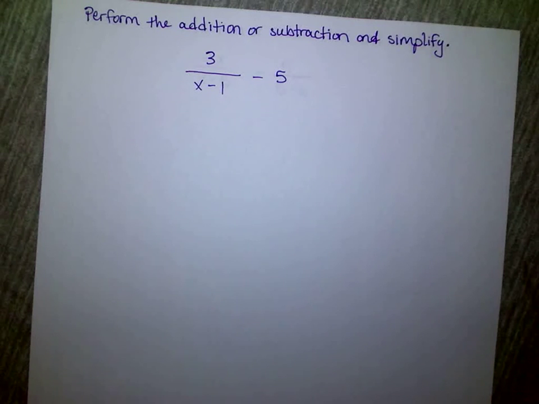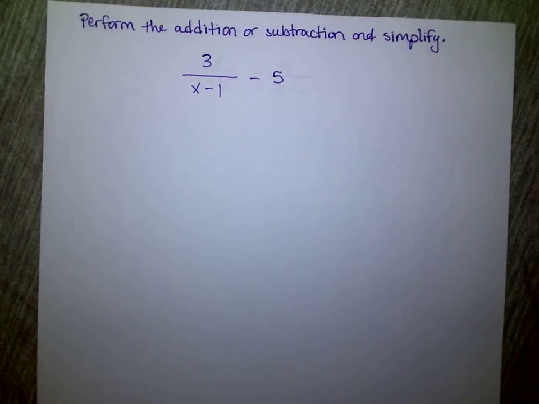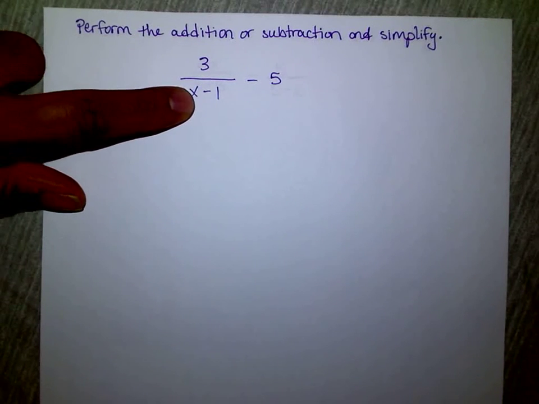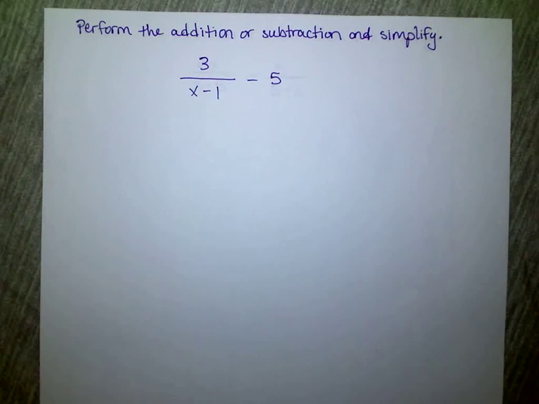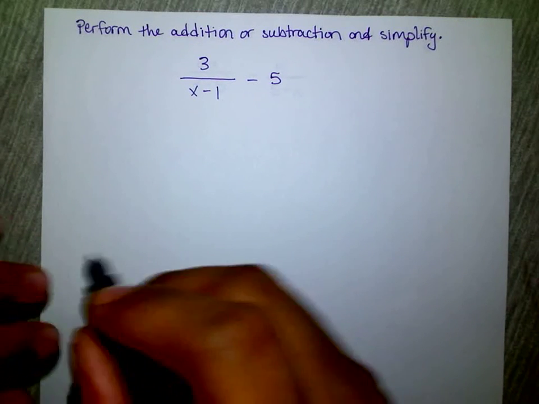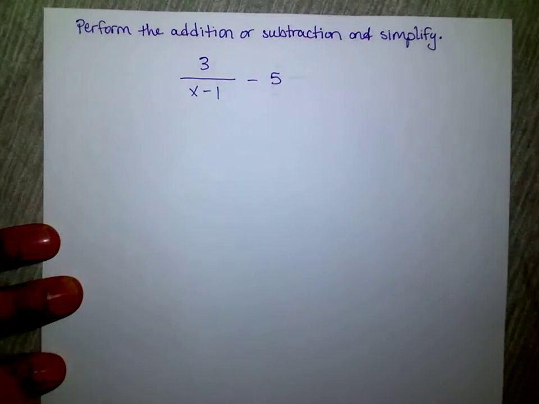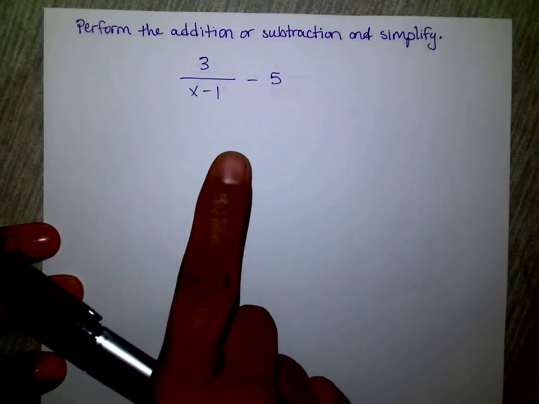Okay. So we got perform the addition or subtraction and simplify again. This time we have 3 divided by x minus 1, subtract 5. Now, we've been doing math long enough. We know we can write any whole number as a fraction over what number, folks? 1.